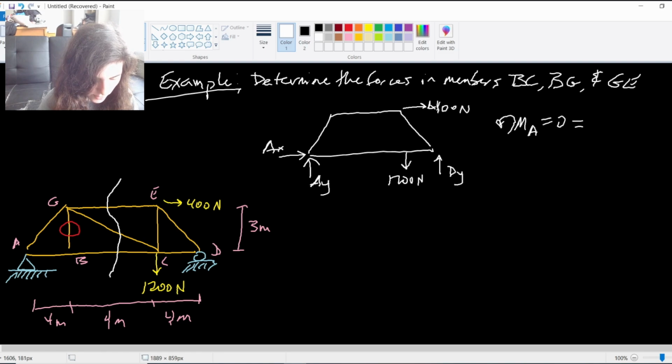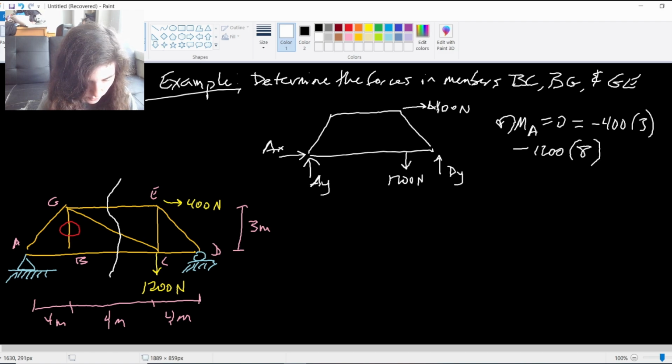So when I take my moment about A, it's going to be that 400 applied force is 3 meters away, and it is going clockwise, so it'll be negative. Then I have that 1200 Newton applied force that is 8 meters away, again, going clockwise, so it's negative.